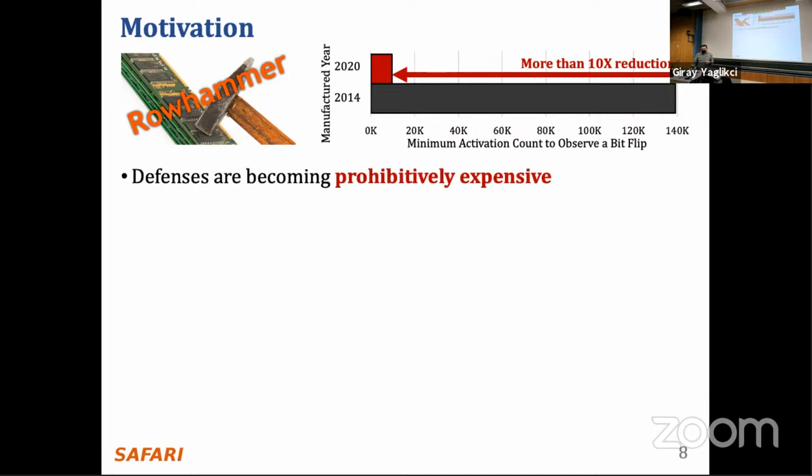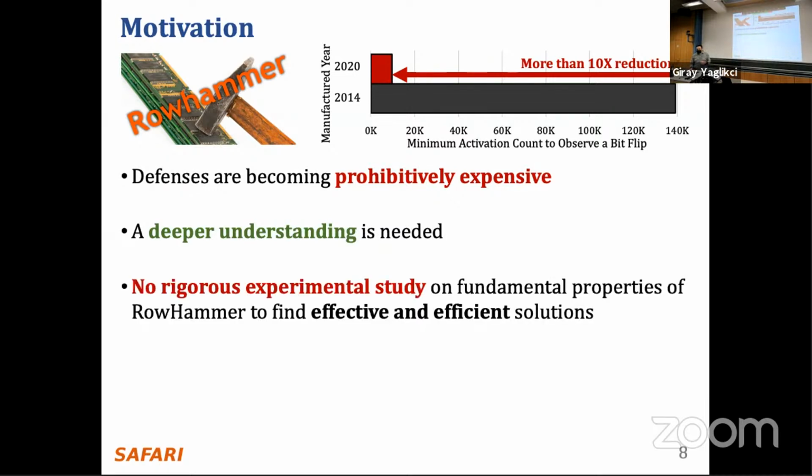Prior research also shows that as this minimum hammer count gets lower, the defenses published in the literature become prohibitively expensive. We definitely need a deeper understanding of RowHammer to address this problem.